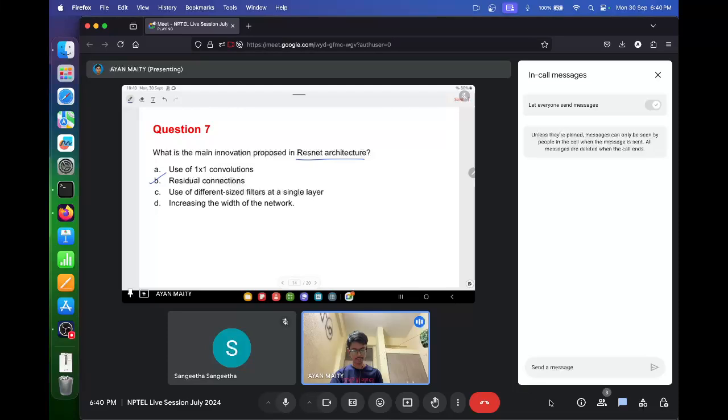So in ResNet architecture, the input might go through multiple convolution or fully connected layers or max pool layers, but we also have a skip connection. This skip connection is how the input is connected to the output.